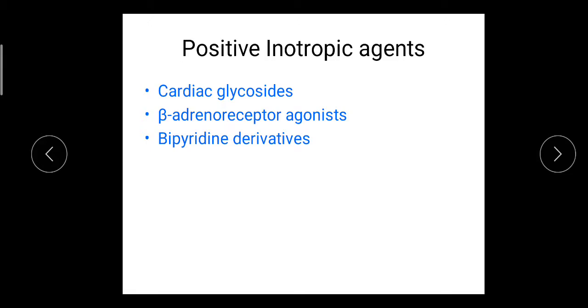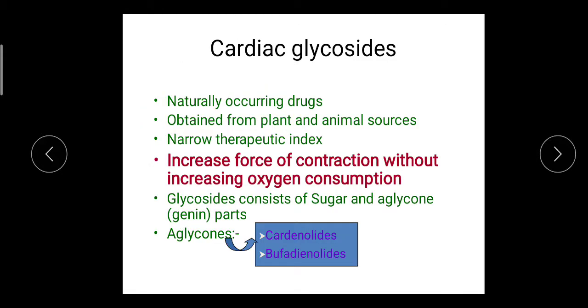Now see the cardiac glycosides. Cardiac glycosides are used in the treatment of heart failure.